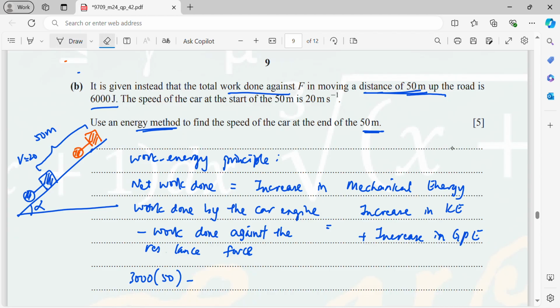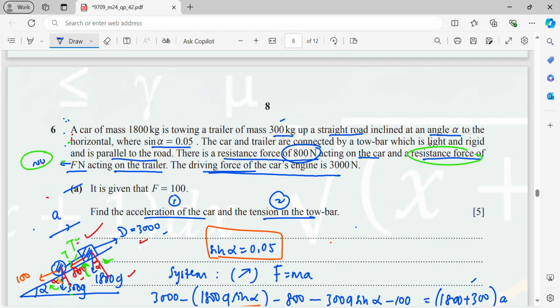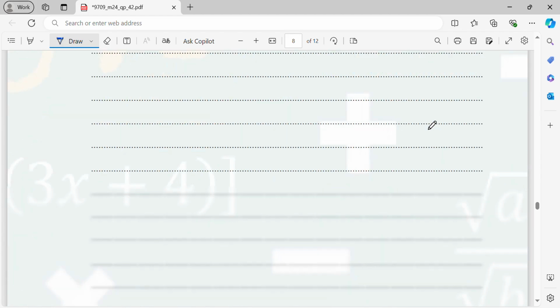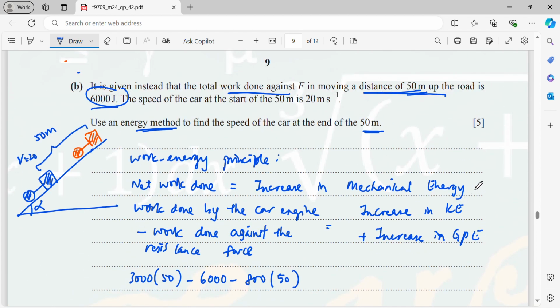So this is going to be 6000 joules. And don't forget, from the previous part, we know that there is a resistance force of 800 acting on the car. So that means here I have to minus 800 times 50.